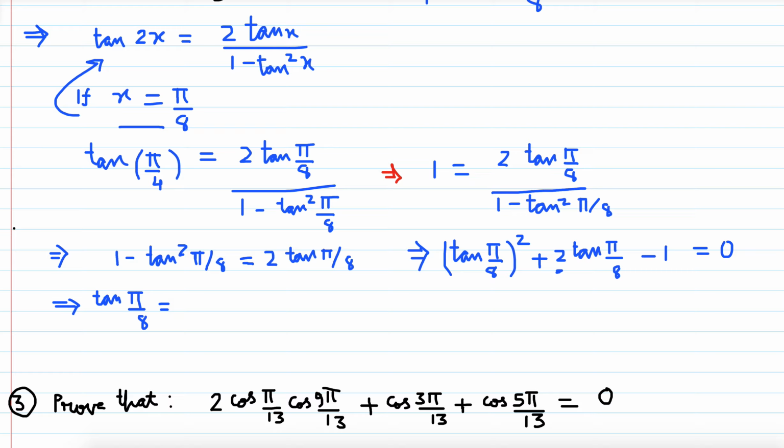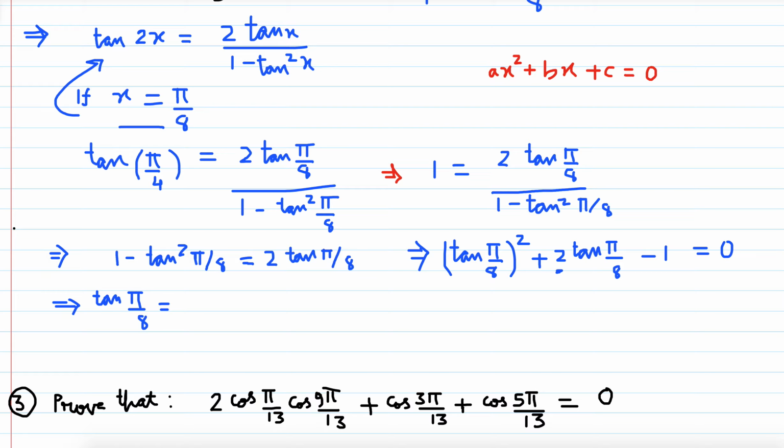So we know the standard form of quadratic equation is ax square plus bx plus c is equal to 0.